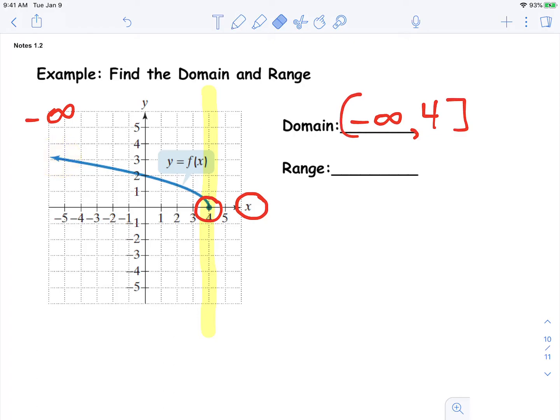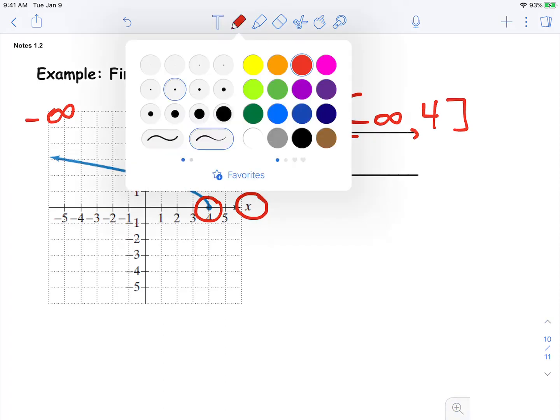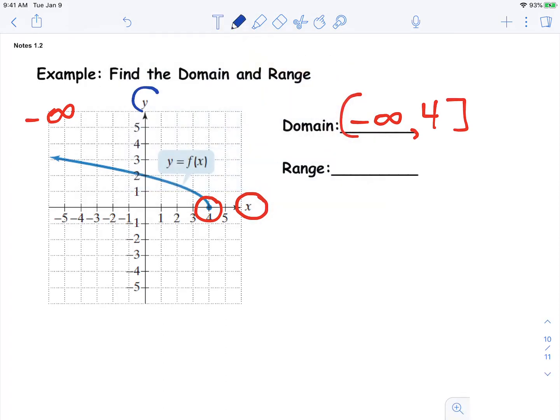All right, let me delete my yellow lines. Move on to my range. Horizontal line, and again, this does not stop. So our smallest number is at 0, and then our largest number keeps going up and up and up.